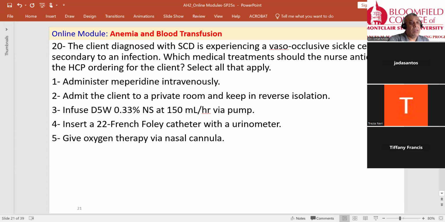So what about Demerol, meperidine? Demerol is not given in sickle cell crisis to control pain, and it is not recommended for long-term pain management.